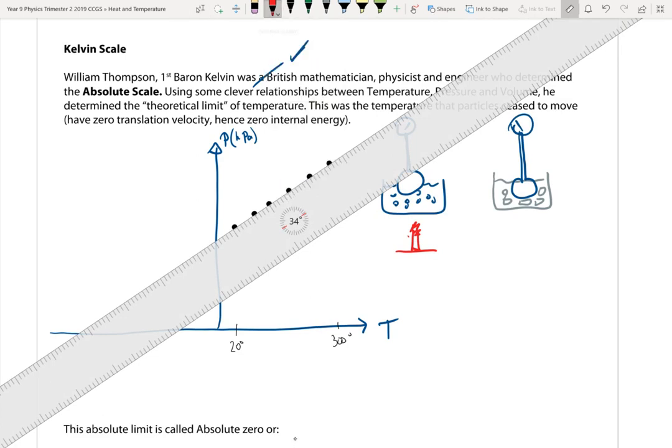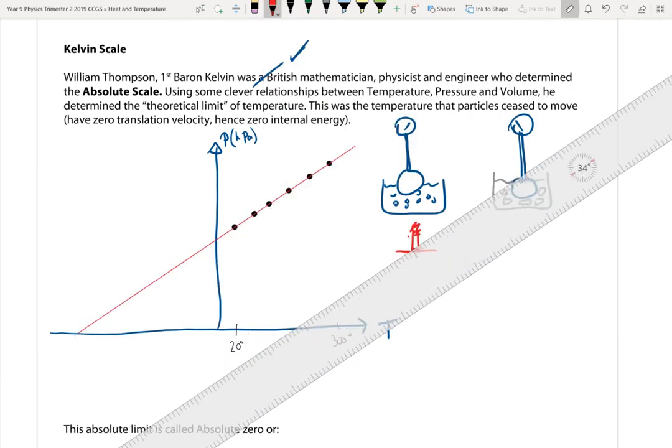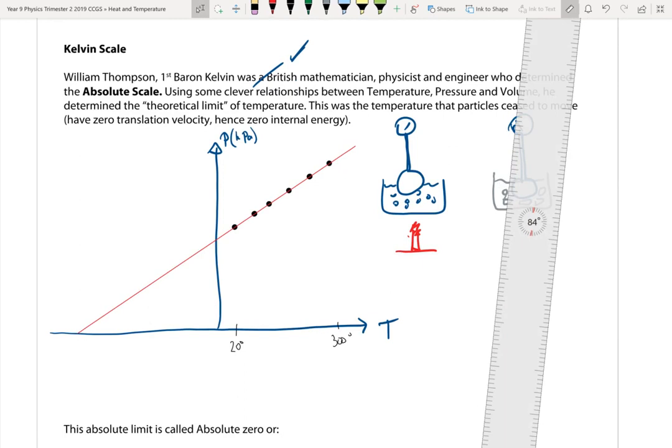I would like to change to a thin red line. Thank you. And the line appears to go back to this point here. This was the lowest possible theoretical temperature. What it means is that at this temperature there is 0 pressure.